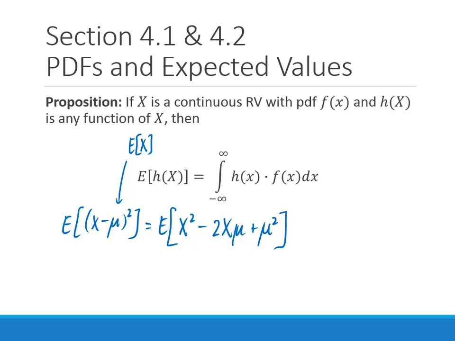The expectation is a linear operator, so I can separate those into three separate things. This is equal to the expected value of x squared minus the expected value of 2x times mu plus the expected value of mu squared.